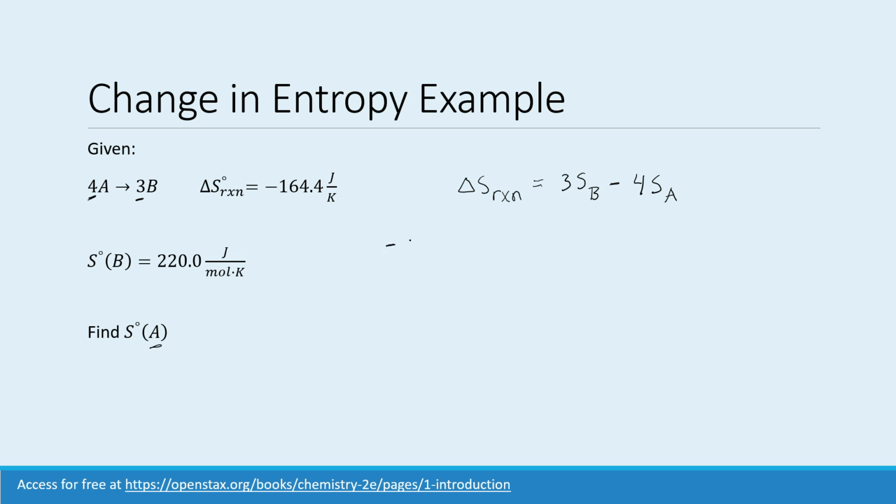And so if we plug all of this in, we know the entropy of the reaction is negative 164.4 joules per Kelvin. And that is equal to the 3 moles times our molar entropy of B, which is 220.0. That's 4 significant figures.